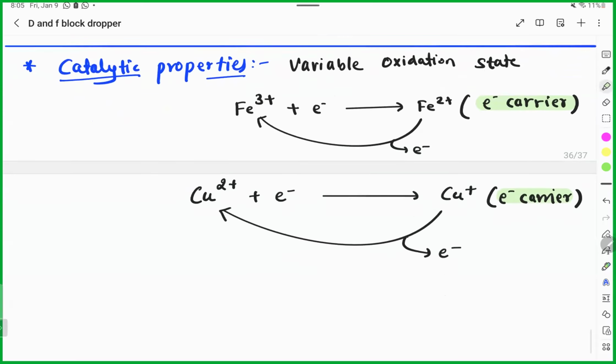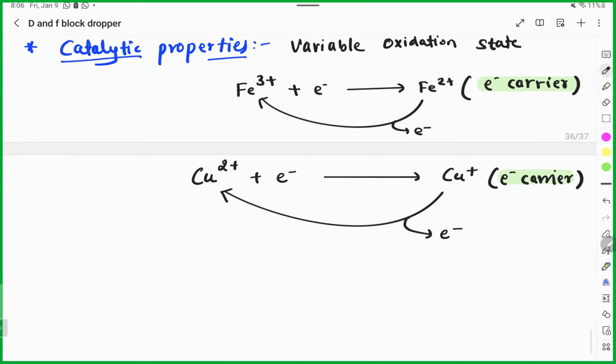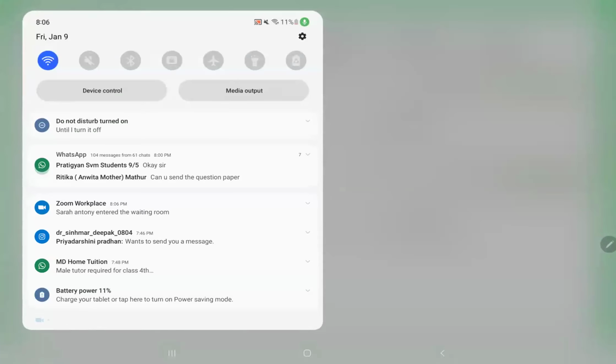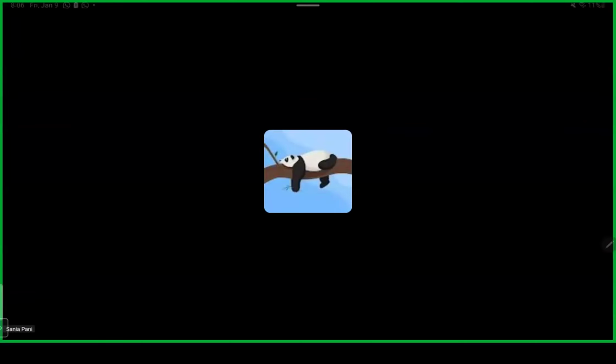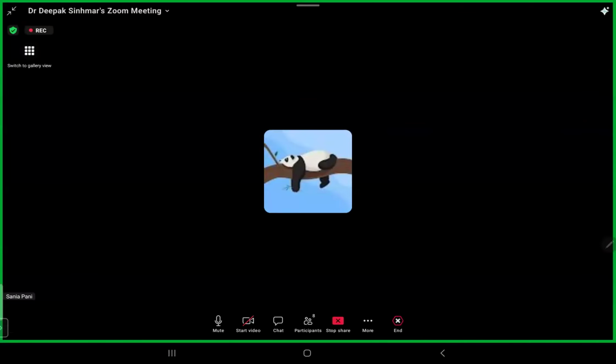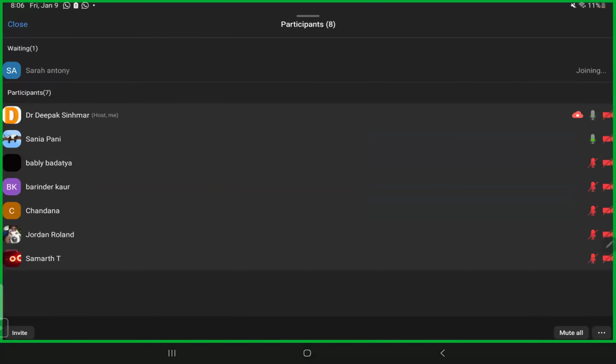Can you give me some example, Sanya, where we use a d block element as catalyst? We use it in the formation of NH3, in Haber's process.